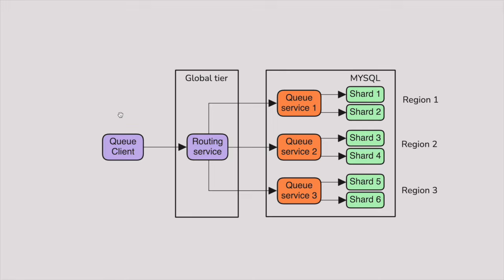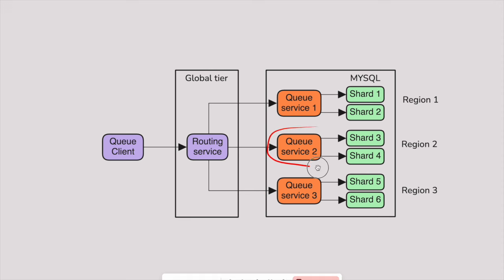So the first one can be solved by putting a routing service in front of the regional queue services. As you can see in this diagram, the client would communicate to the routing service that would know about the status of the regional queue services. This would also allow the client to specify information about the routing or storing of the messages.